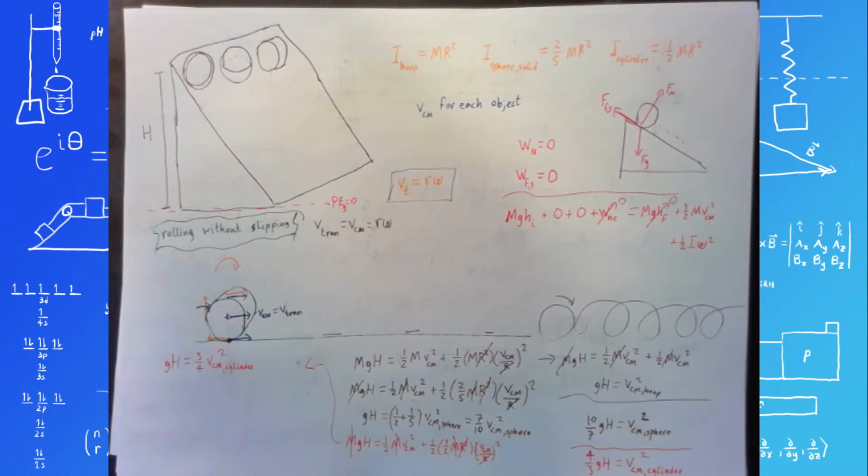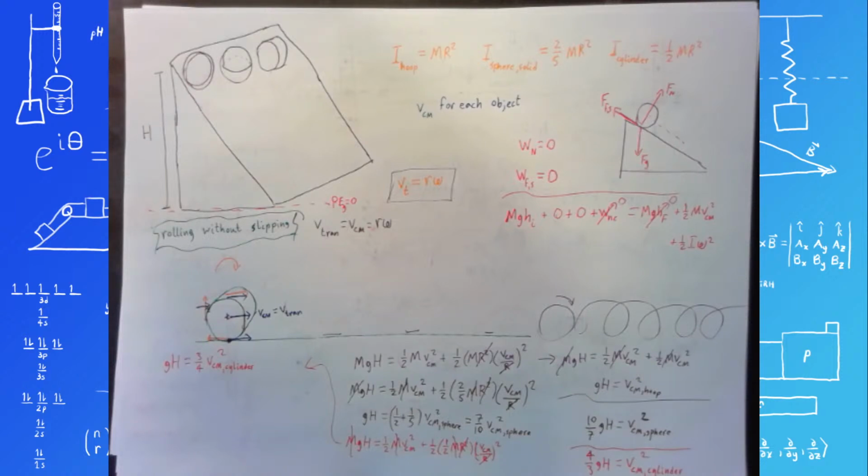We also could have figured this out just conceptually from recognizing that the sphere has the lowest moment of inertia out of them all. The sphere has the lowest moment of inertia, has the lowest resistance to rotation, so it rotates the most easily. What this means is that its rotational kinetic energy costs less, which means more of its kinetic energy gets to stay as translational rather than rotational.